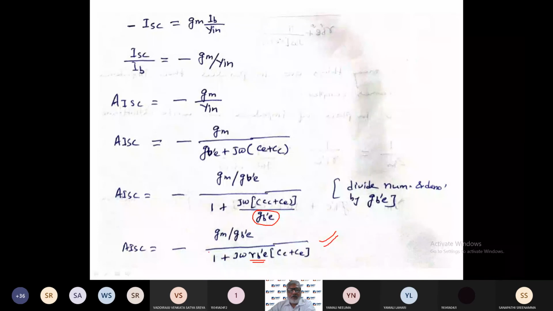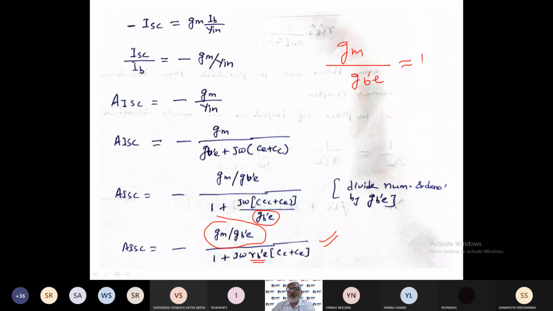Now you see this numerator part, gm by g b'e, it is equal to hfe. The standard value of hfe in the transistor is 50. So the ratio of gm and g b'e is 50, and you can write this gm by g b'e as hfe also.